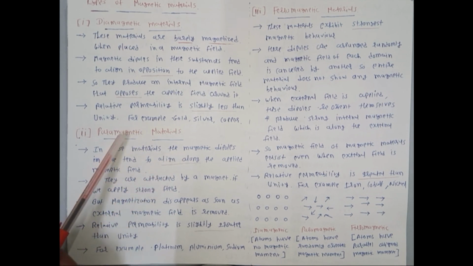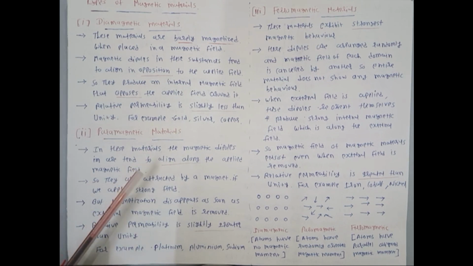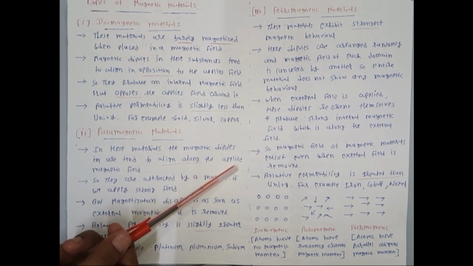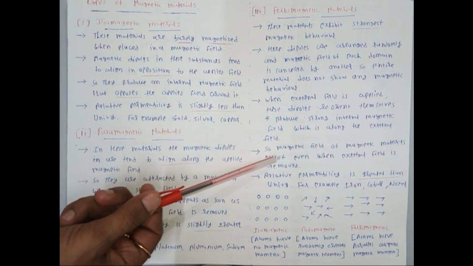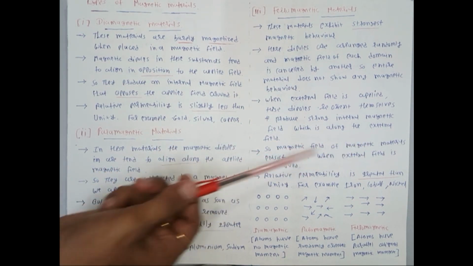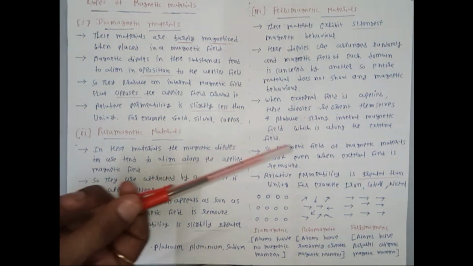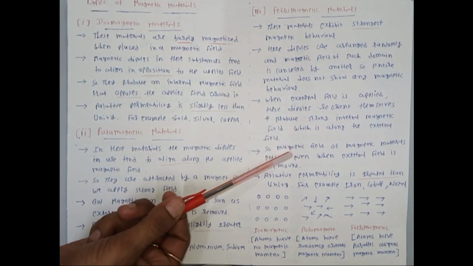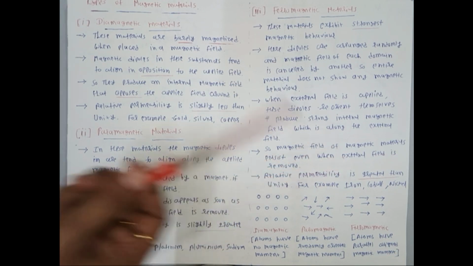In both paramagnetic and ferromagnetic material, the internal magnetic field which is produced aligns along the applied magnetic field. In paramagnetic material the magnetization disappears, but in ferromagnetic material, magnetization persists even when we remove the external magnetic field.